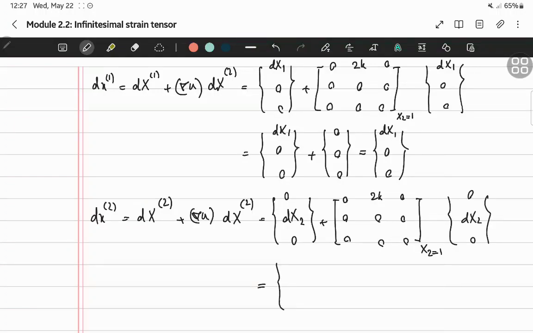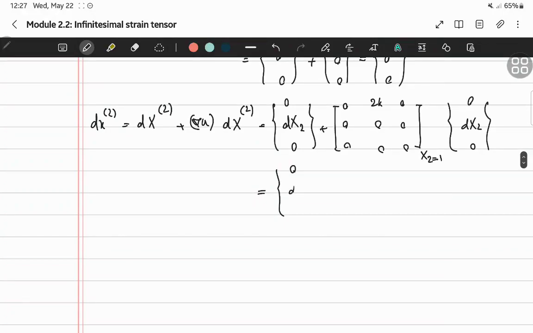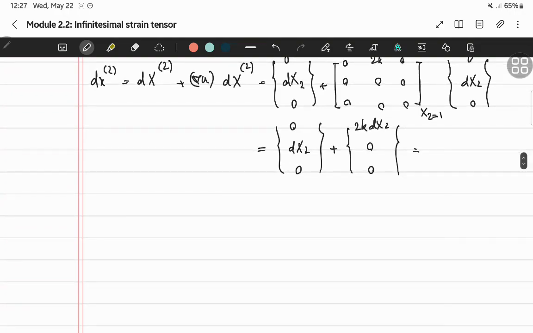This is equal to 0, dx2, 0 plus 2k dx2, then 0, and then 0, which becomes finally 2k, 1, 0, dx2.